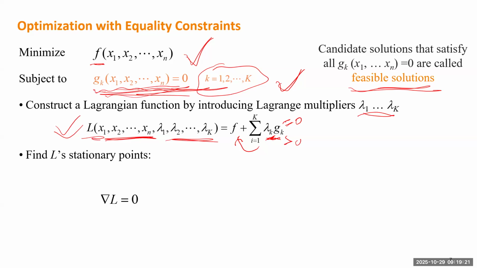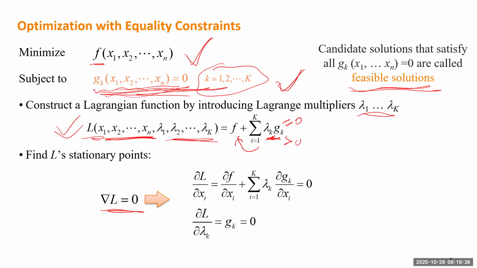Okay, so then we still take the first step for the necessary condition. We find the stationary points. By finding stationary points, you have to calculate the partial derivative of this new Lagrangian cost function with respect to each variable, including the original variables and also the new variable, lambda, the price or the multiplier. When we calculate such a partial derivative with respect to lambda, that is equivalent to making the equality constraint hold, because this is exactly our equality constraint.